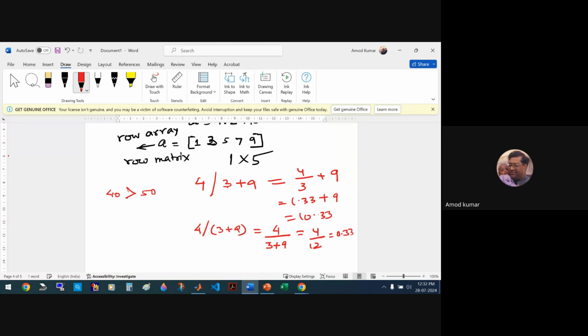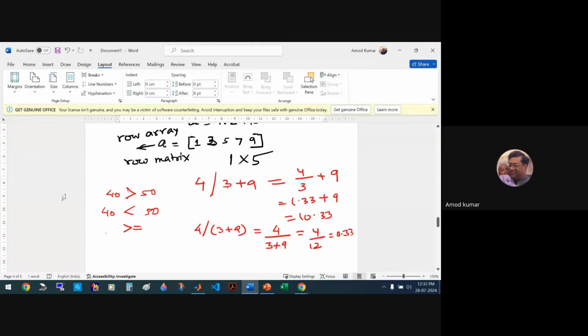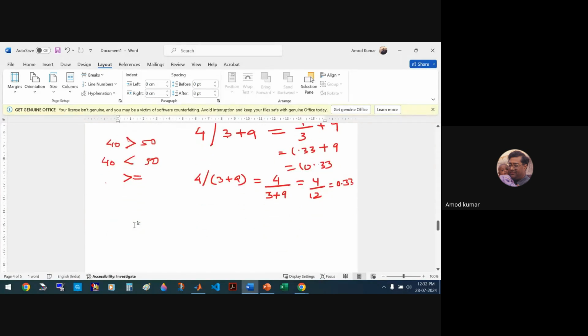Whether it is true or false does not matter. Less than operation is allowed. Then greater than or equal to. You understand what it means in mathematics; whatever it means in mathematics, same thing in MATLAB. Then less than or equal to is allowed.